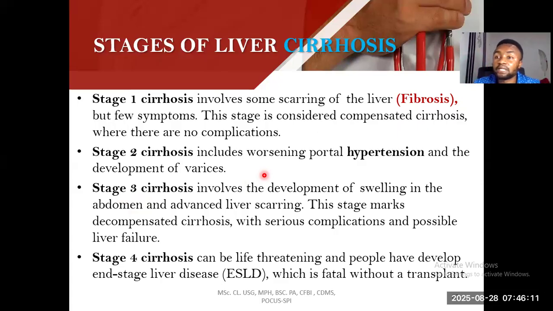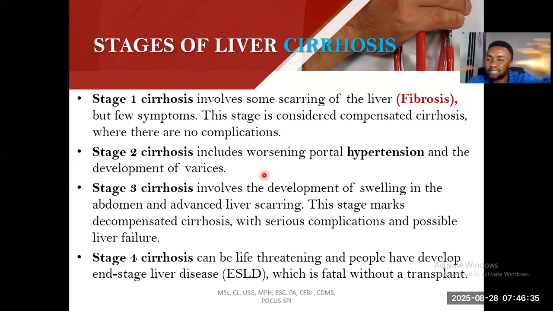That means portal hypertension. You put your Doppler to check the velocity, and the blood flow is slow, very slow, because it has dilated too much. The velocity is 12 to, I think, 20. But when you check the velocity, you get less than 12, meaning there is portal hypertension. Do you understand? The diameter is different from velocity.